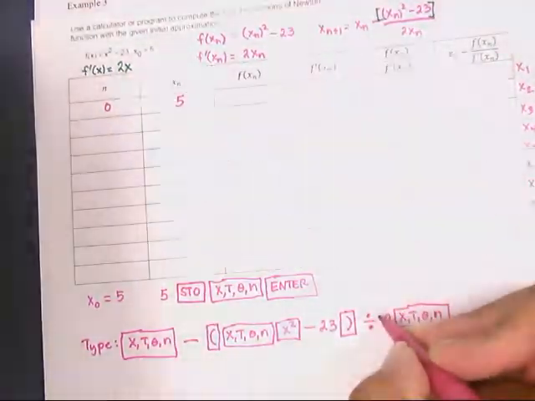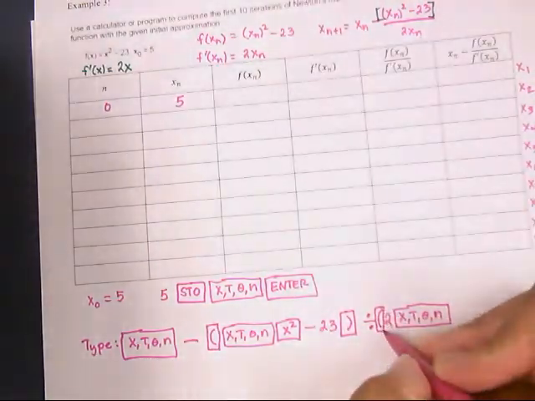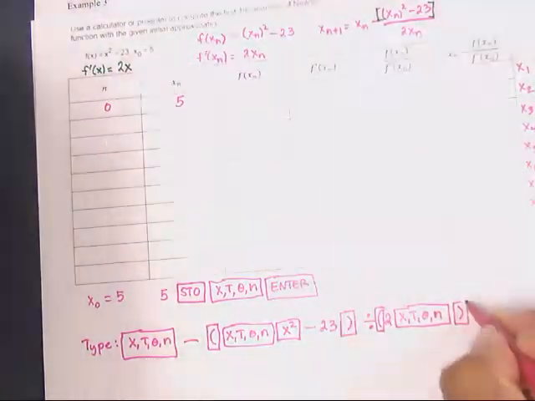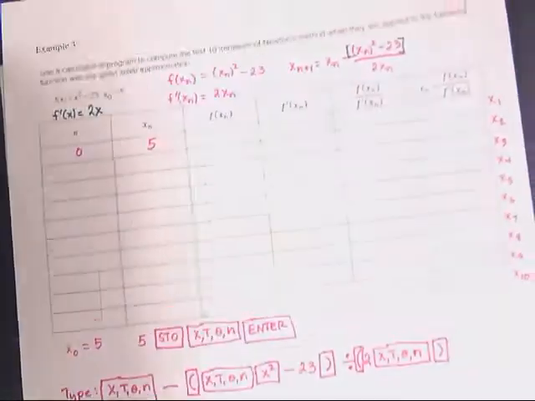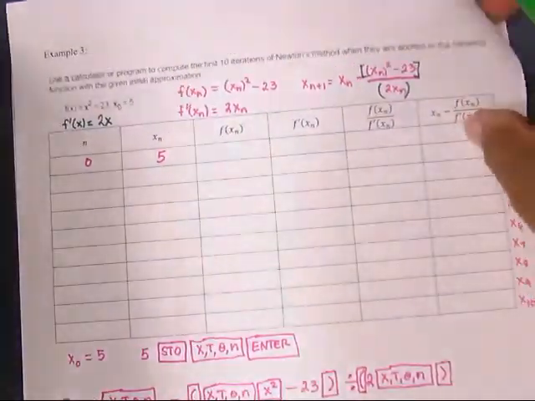Oh, and before that, you want to do left parentheses. I forgot that. So left parentheses first, and then 2 times X,T,theta,n, and then your right parentheses. Here I'm going to put the numerator and the denominator in parentheses to be on the safe side.